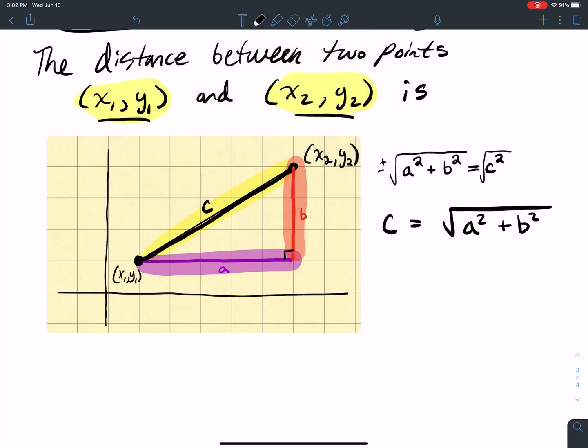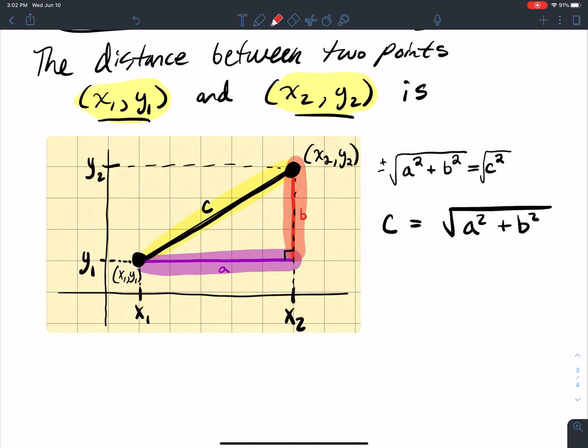So if you think about it, this point has an x value of x1 and a y value of y1. And then this point right here has an x value of x2 and a y value of y2, okay?